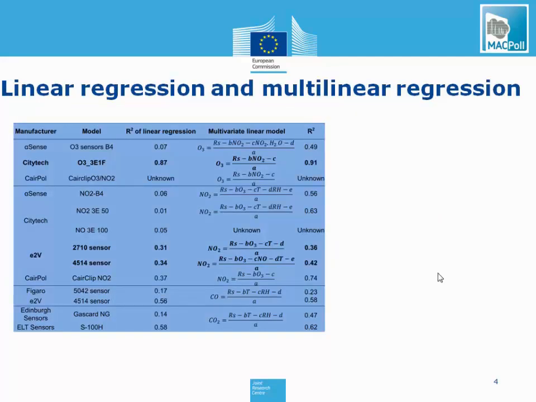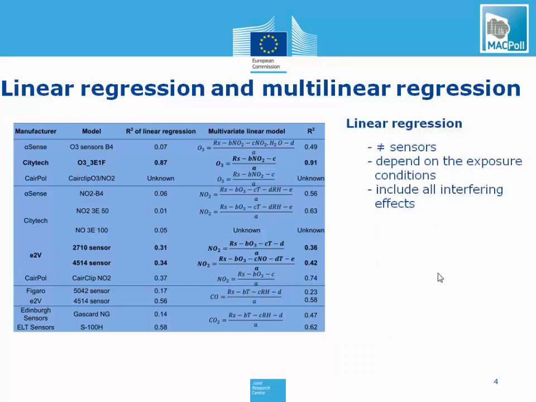The first type of calibration we used was the simple one, linear regression. Sensor measurements depend obviously on the exposure conditions, that is humidity, temperature, and all interfering gaseous compounds that may react with the sensor.